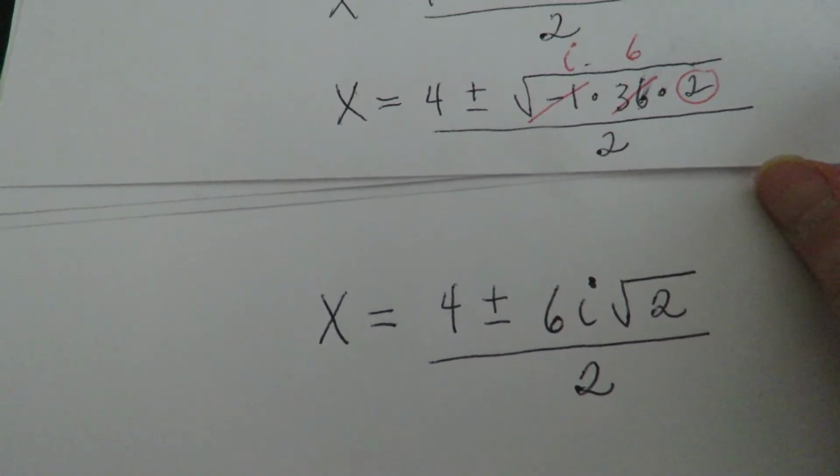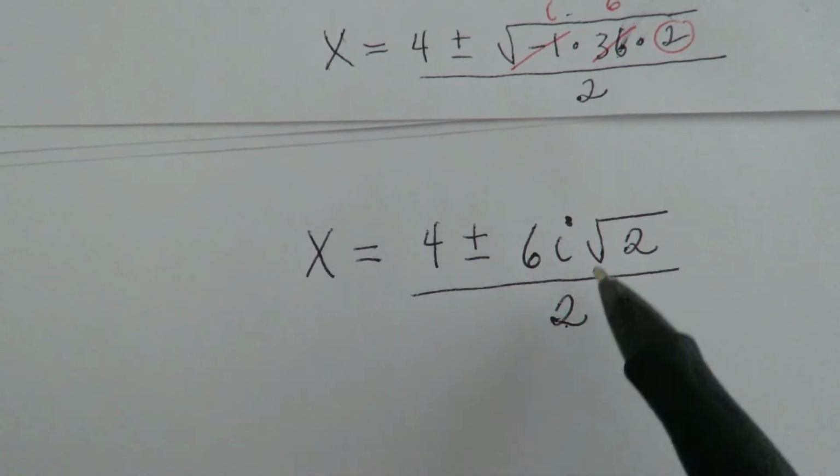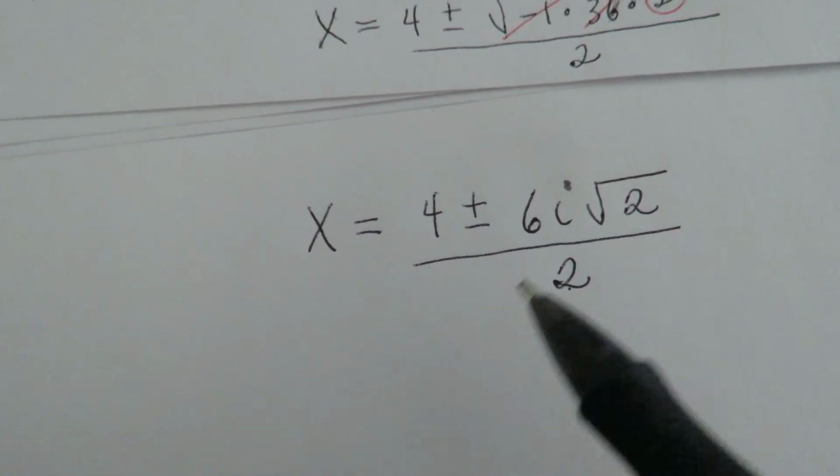Your final answer must be in lowest form, and right now this is not in lowest form because all 3 of these terms have a 2 in common. So you need to reduce that.